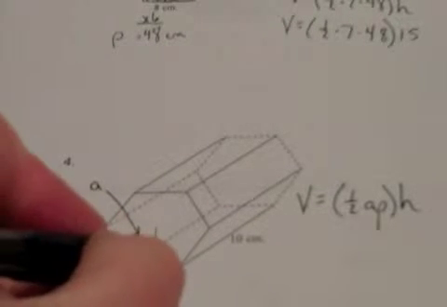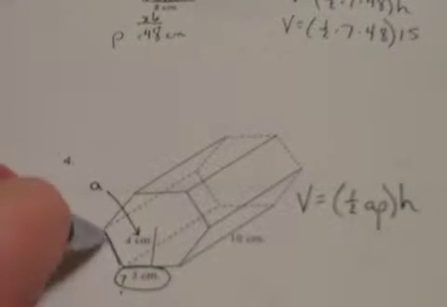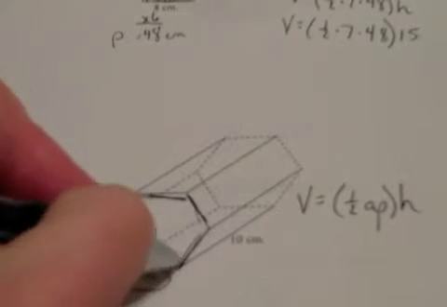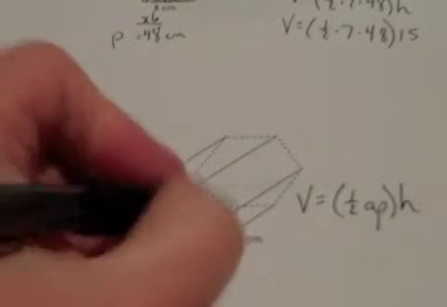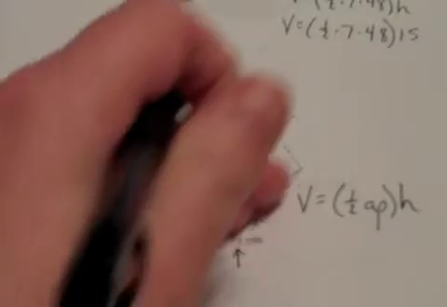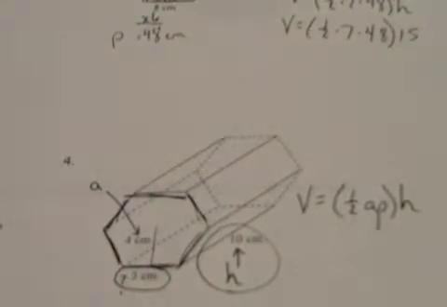Do you remember how you use this piece of information right here to get the perimeter of the whole hexagon? If not, back up the video and watch how I did it on number 2. And don't forget, this 10 centimeters, even though the prism is laying on its side, that's the height of the overall prism.